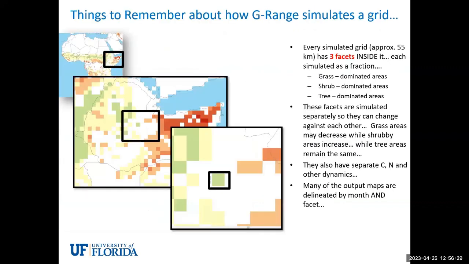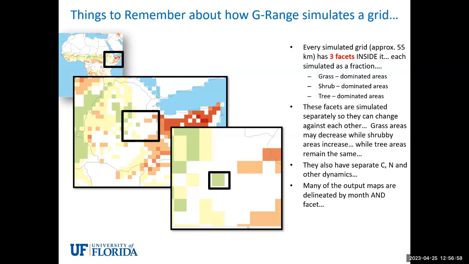Things to remember. Even if I blew up this area just to show people, remember that even inside every grid that G-Range is doing, it still has the 3 facets. So every square that you see, you'll have information on the grass dominated areas, the shrub dominated areas, and the tree dominated areas. And the facets are simulated separately, so you can look at how grass cover changes over time. You can also look at the carbon, the nitrogen, and other dynamics.